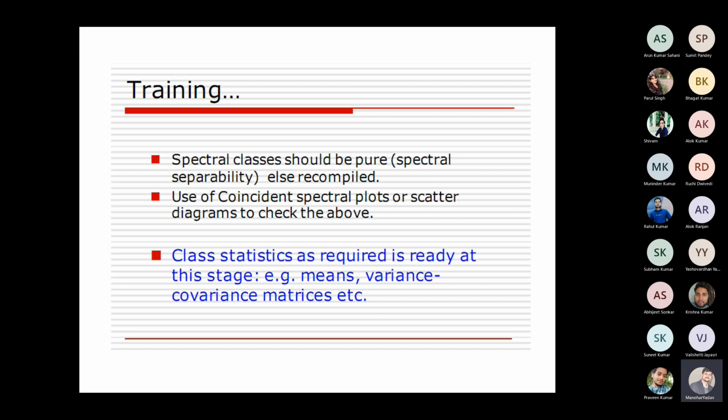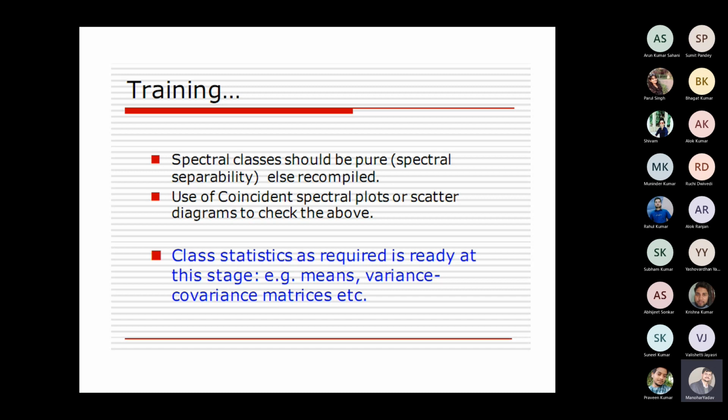It should not be a mix of soil and vegetation. Similarly, when we are considering water, it should be water only. When we are considering soil, it should not be mixed with other objects like grass, etc. It should be pure soil. Finally, the class statistics as required are ready at this stage.